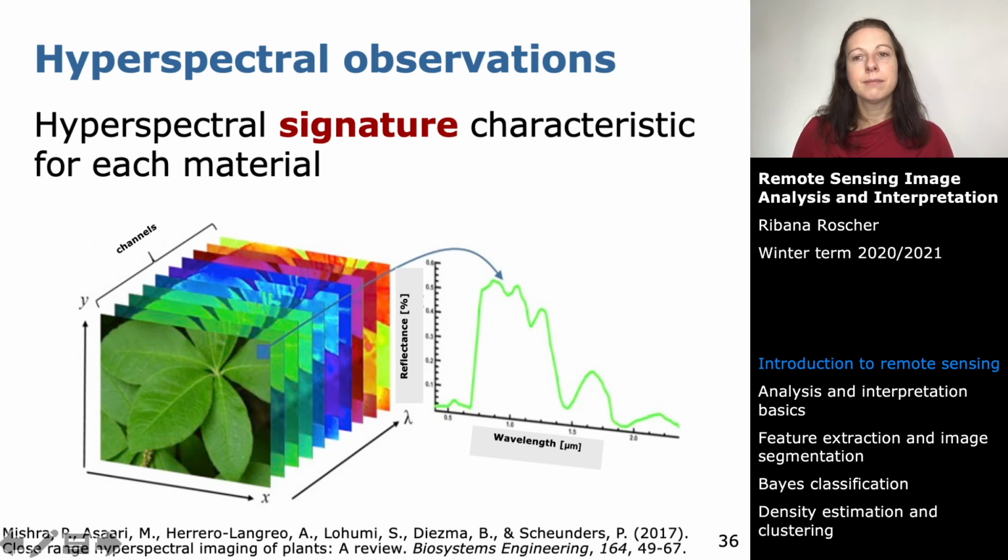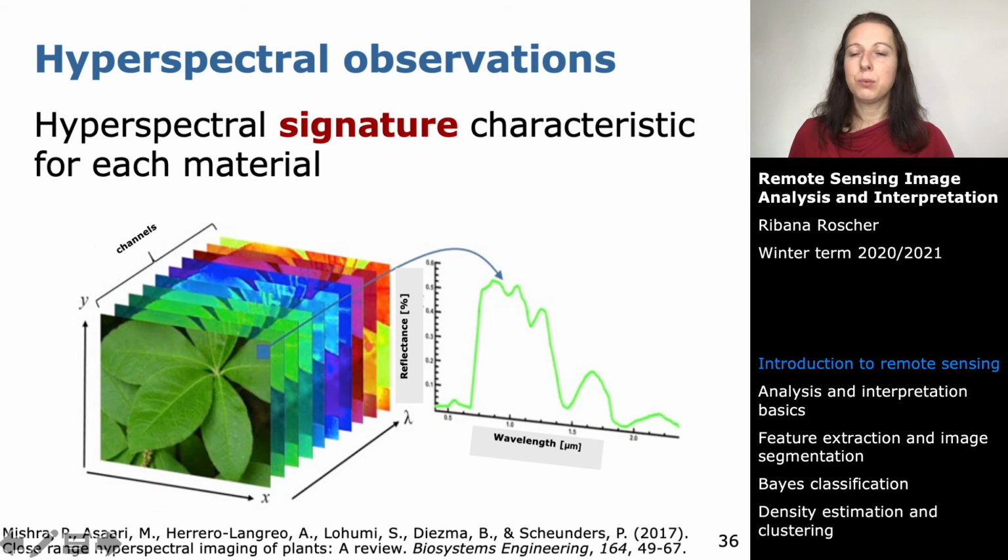Hyperspectral sensors are quite useful when we work, for example, with plants. When you observe with a hyperspectral sensor, you obtain a so-called hyperspectral signature for each material. This hyperspectral signature is very specific for materials. So the hyperspectral signature here is very typical for plants.